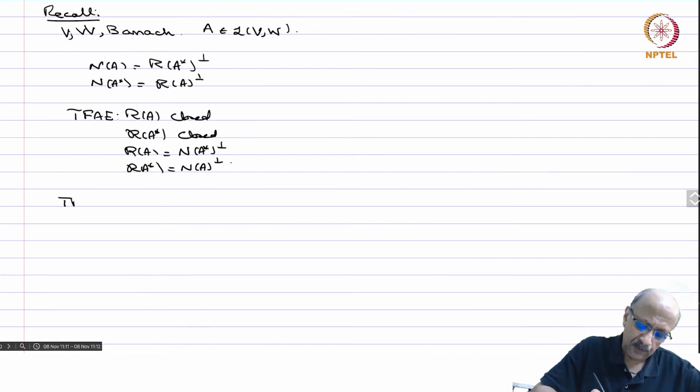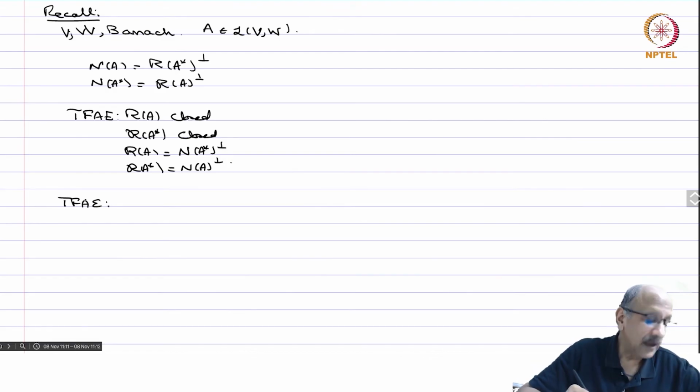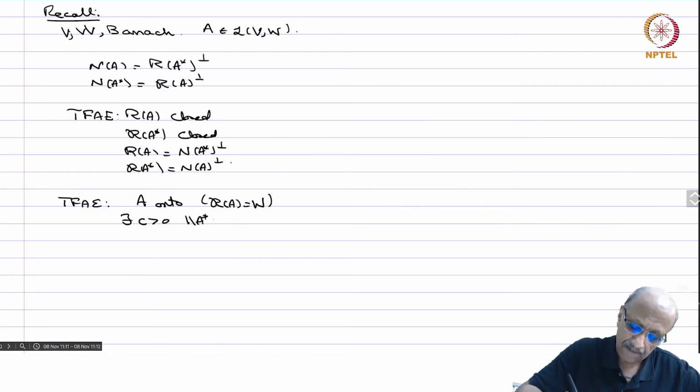We also proved the following theorem, namely A is onto, that means range of A equals W, if and only if there exists a C positive such that norm of A star phi is greater than or equal to C times norm phi for all phi in W star, if and only if A star is 1-1 and range of A star is closed.